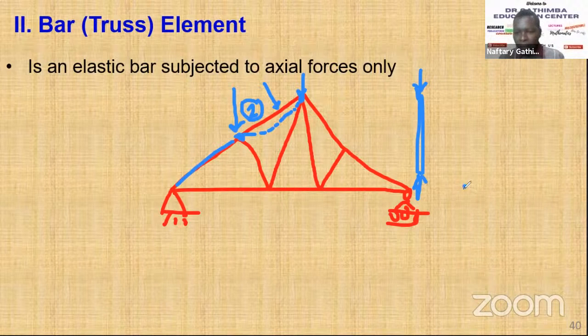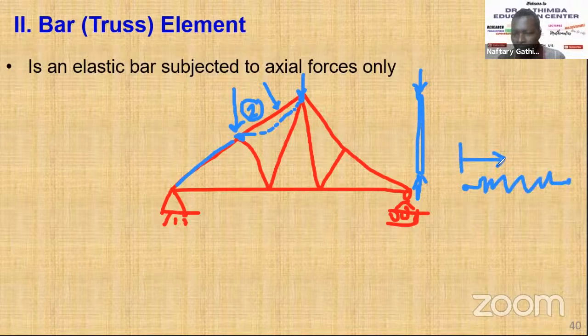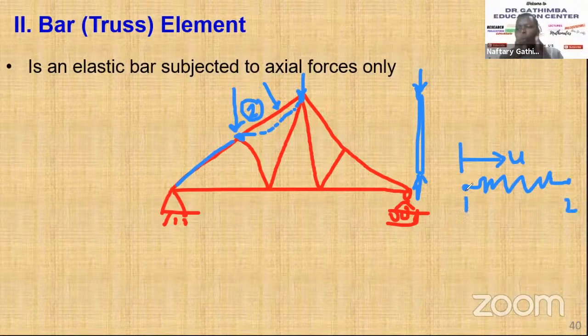Remember the spring element, we said this is a spring, and because we are only considering the axial deformation in the direction, let's say u or x, this is node 1, this is node 2. So at each node, we have 1 degree of freedom, one form of deformation that can occur, and that is the elongation or contraction.